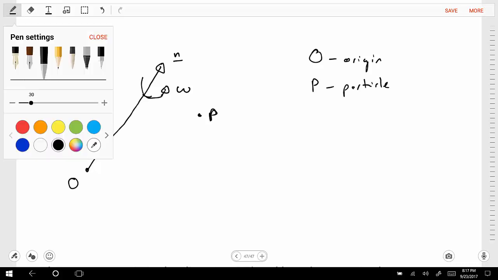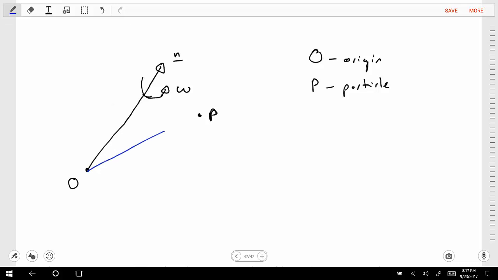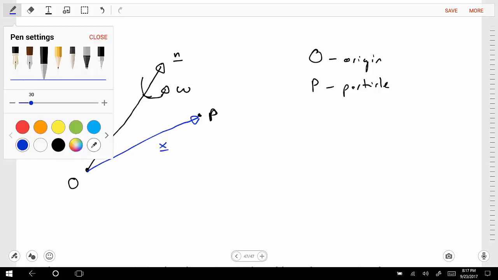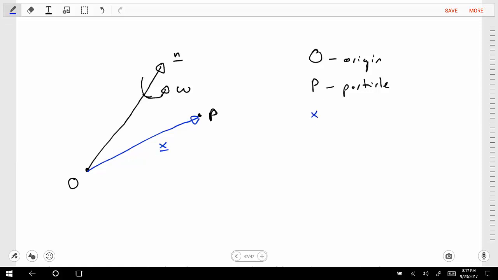and the distance from the origin to the particle, let's say that is a vector x, or let's just say this is a vector from O to P, right?